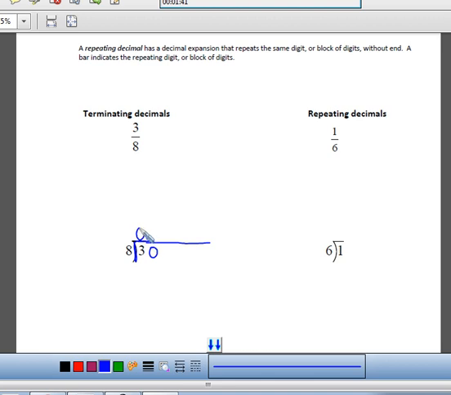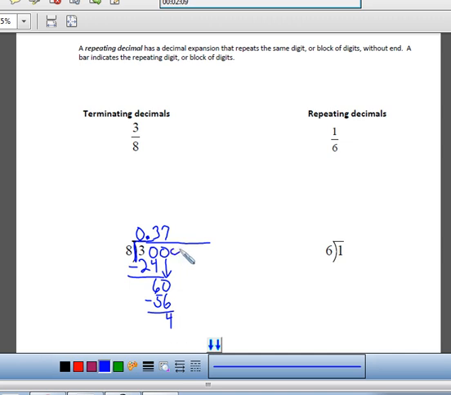Now, 8 goes into 3 0 times. 8 can go into 30 3 times. 3 times 8 is 24. You subtract. If you don't get a 0, you keep going. So 30 minus 24 is 6. So we'll add another 0, bring it down. How many times does 8 go into 60? Well, that's 7. 56. Subtract again.